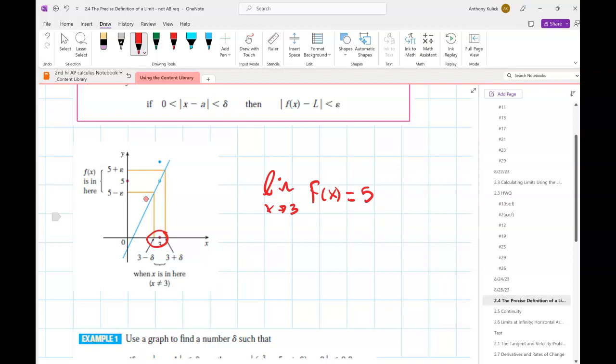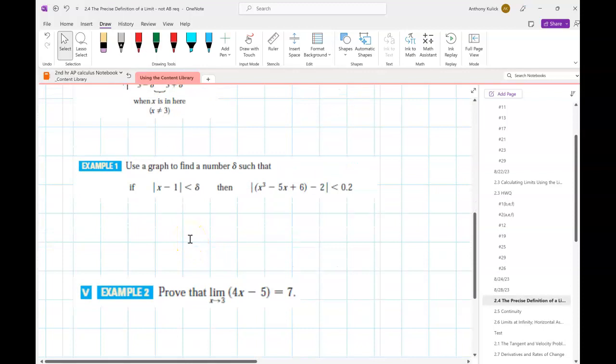I can find 2 x's that can capture that limit between 2 y's, or I can use the 2 y's to find the 2 x's that capture it. And as you squeeze those down, as you make the epsilon smaller, the deltas need to get smaller, and eventually you can capture the limit inside of that. That's what we're trying to do.